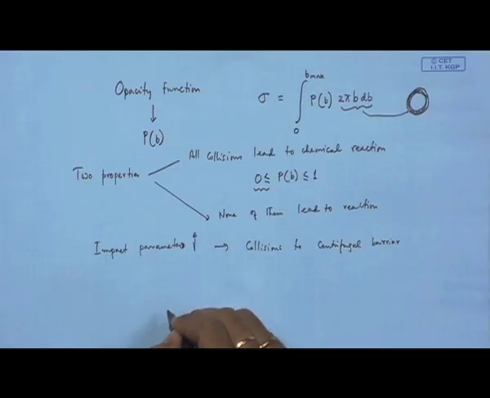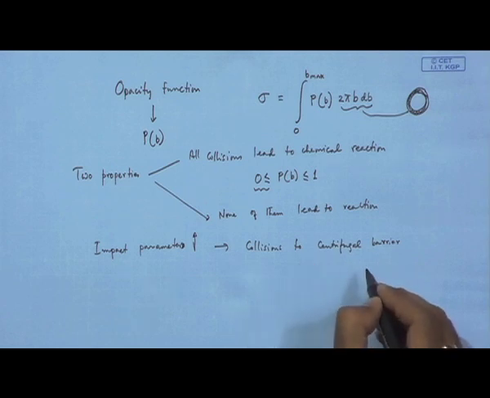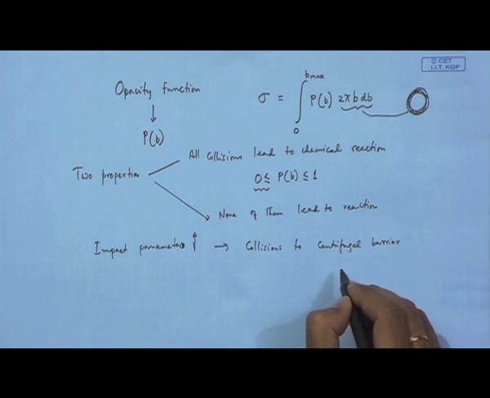So, this will tend to make them apart. So, when impact parameter B is high, collisions occur at the centrifugal barrier, leading to less reaction.